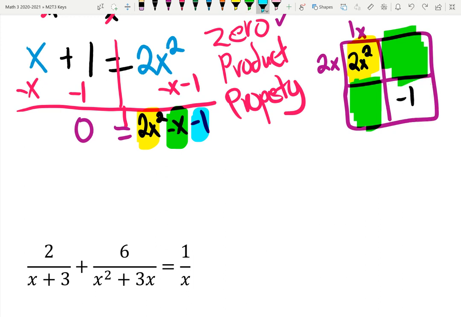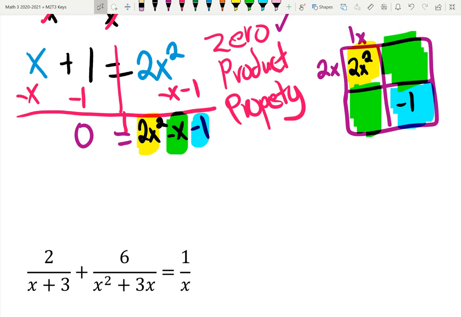So I am going to strategically place the negative in a spot that is going to cause the green region to be negative 1. So I want my 2 to be multiplied by a negative. Negative 1 times positive 1 is negative 1. When I multiply this out, negative 2x and 1x come together to create negative 1x. That is what I wanted. So I know I've been able to successfully factor.